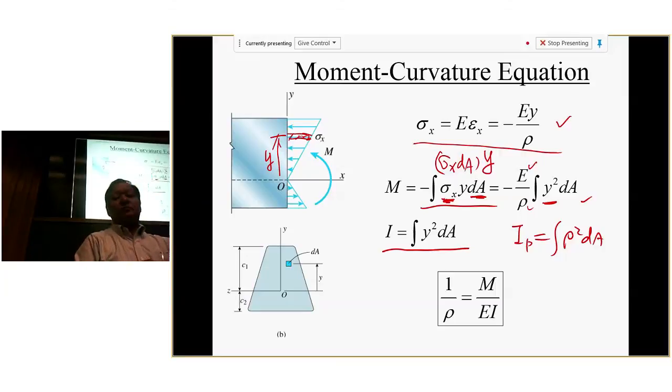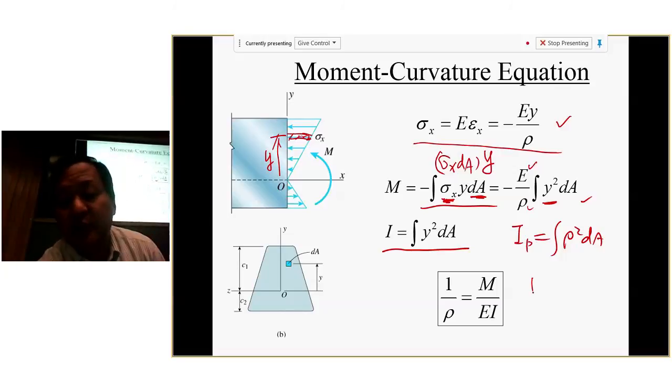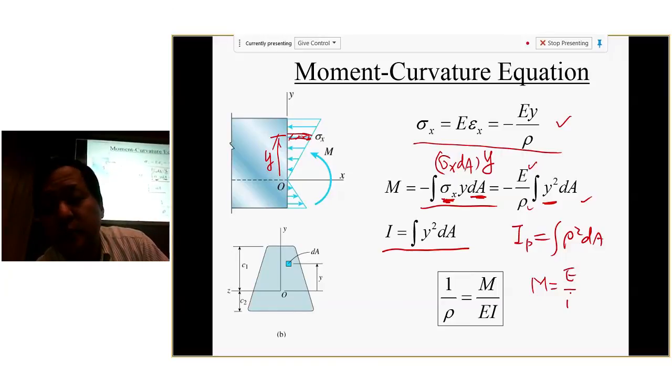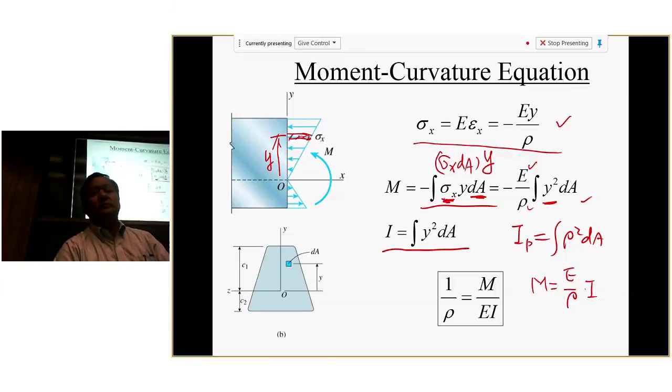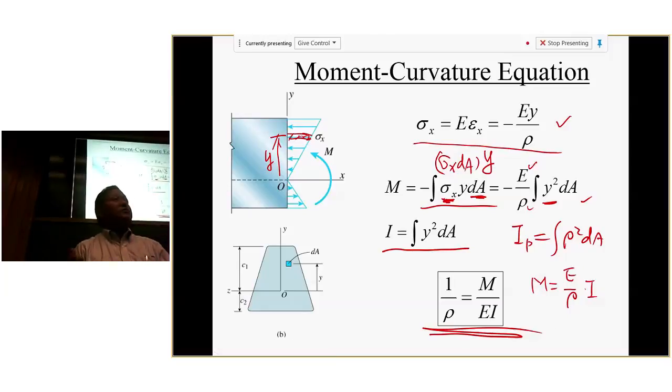Once we define this I, this equation becomes M equals E over rho times I. Now you get this equation.